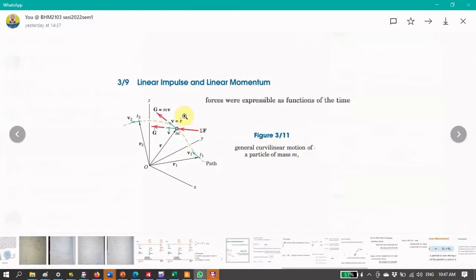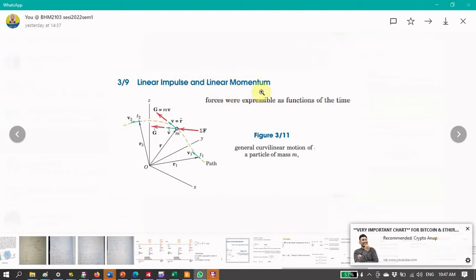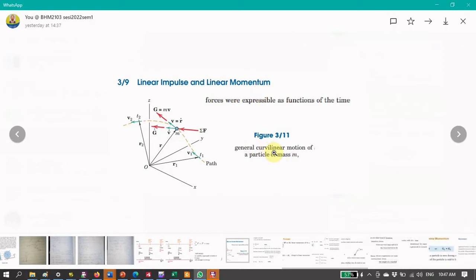Now we look at the concept of linear impulse. What does it mean, and what is linear momentum? I think all of you have an idea about these two concepts, right? So when we talk about linear, it means that you are looking at motion in a straight line, something like that, right?